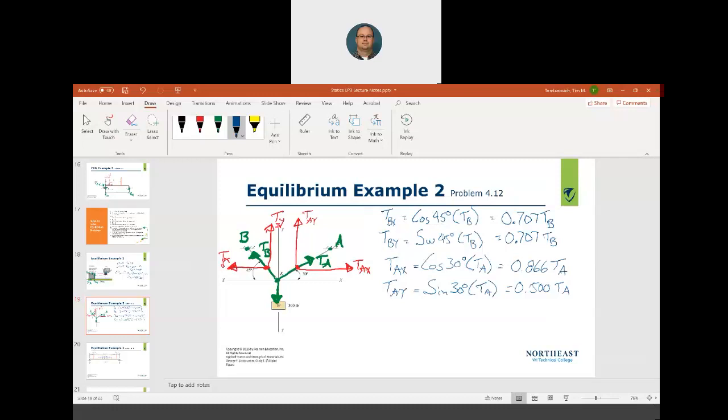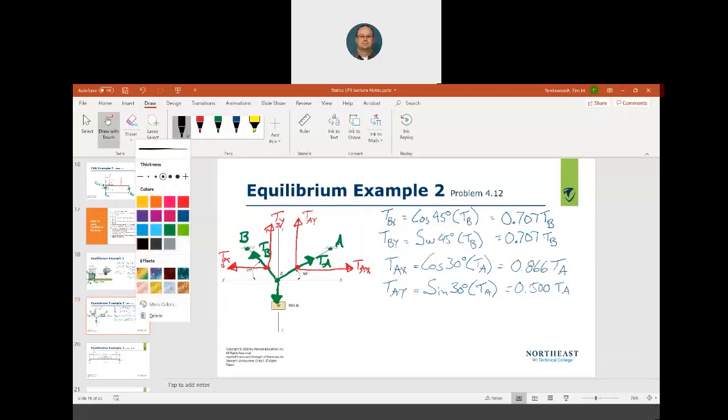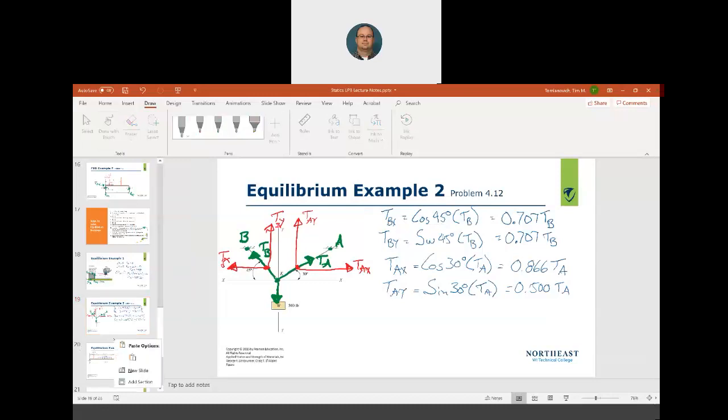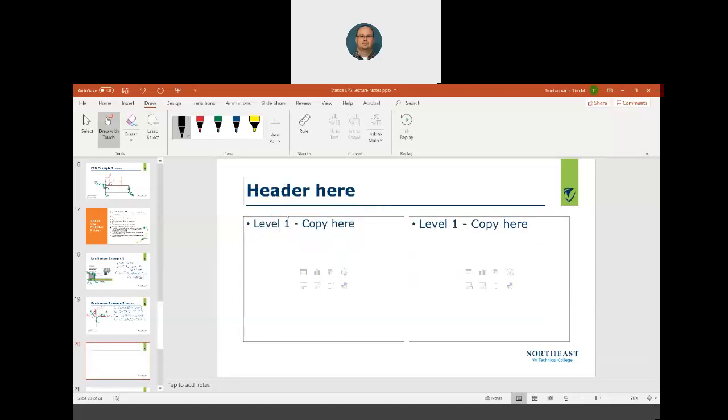Okay, so one, free body diagram. Two, get everything in X and Y. Three, we start solving equations of equilibrium. Let me make that a little darker. I'm going to add a page here, just so I have room to write.